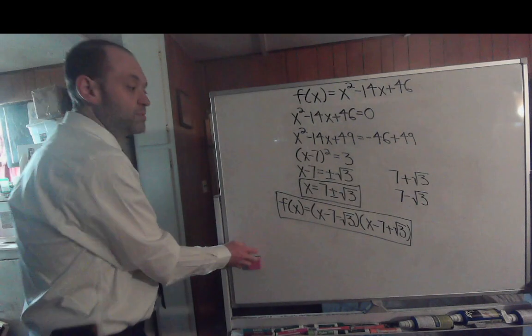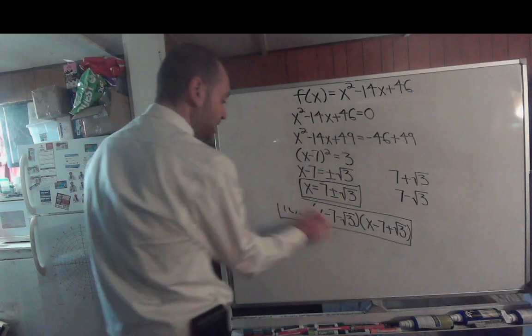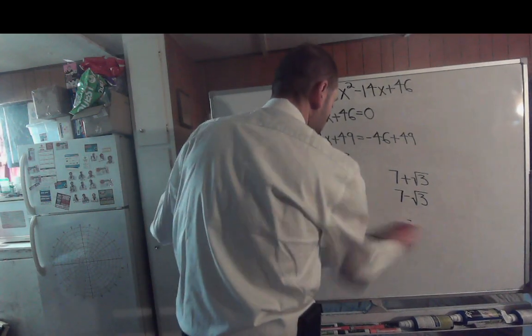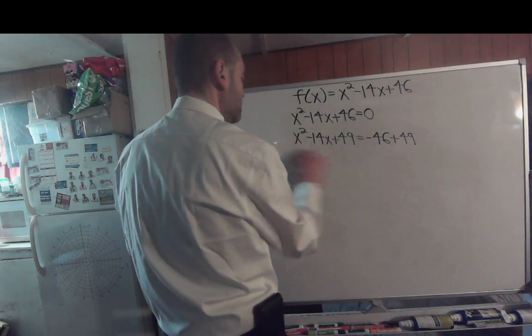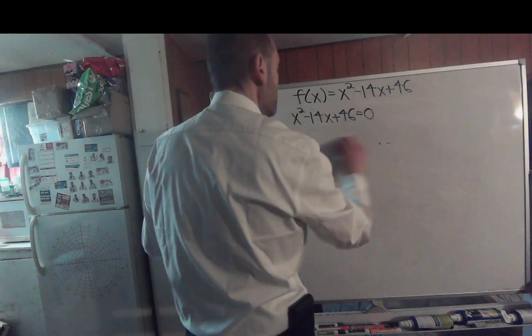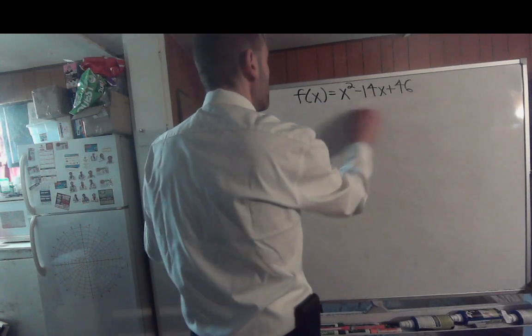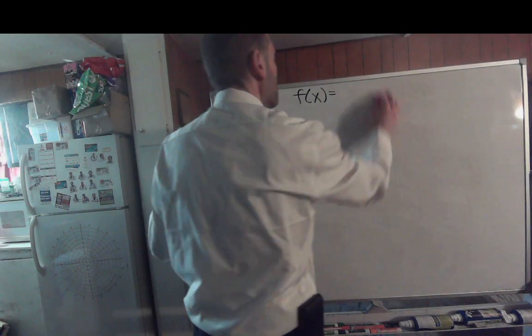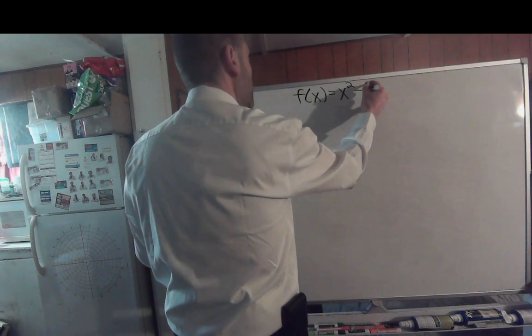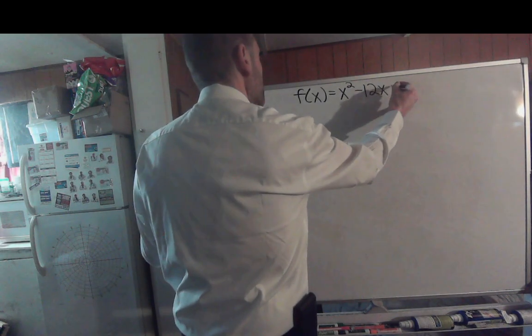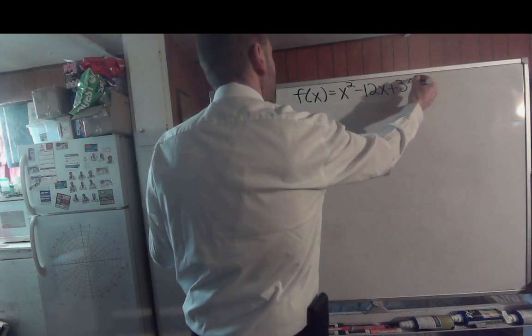So yeah, that one was a bit of a doozy. And I have a similar one to this. All right, f of x equals x squared minus 12x plus 34.